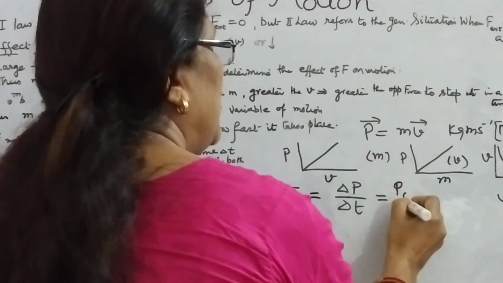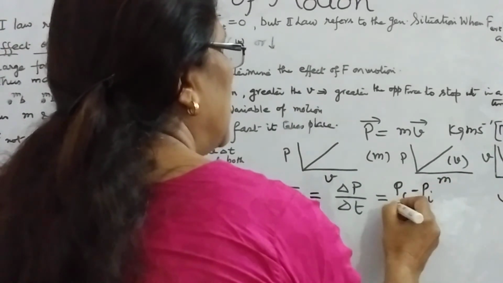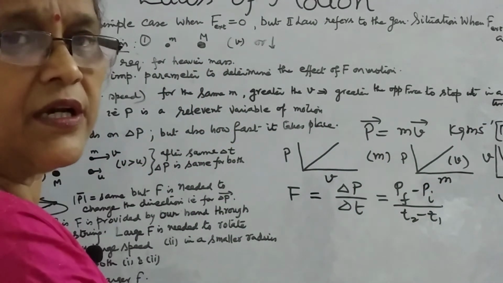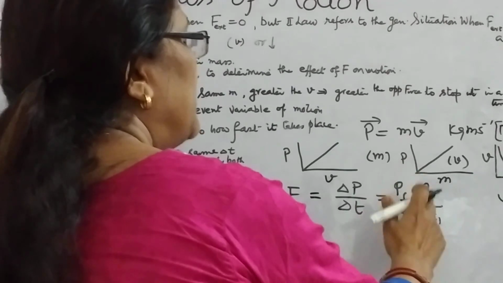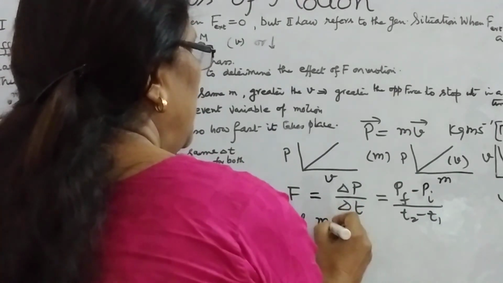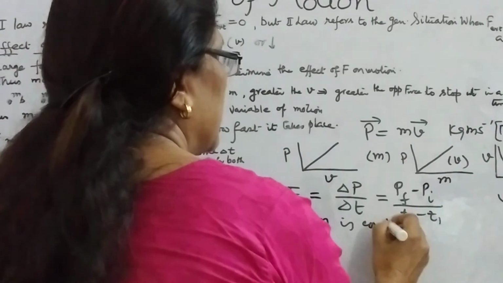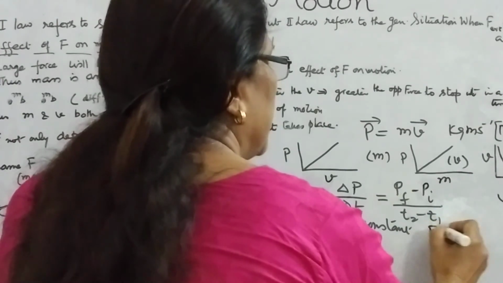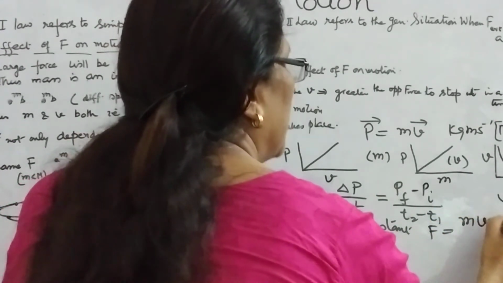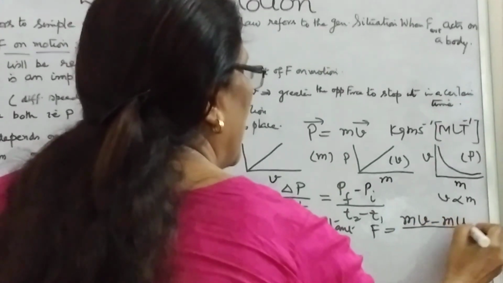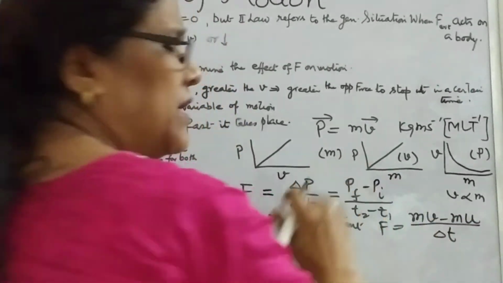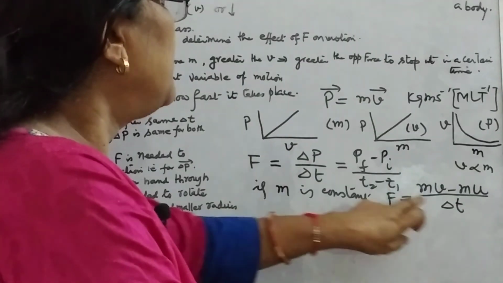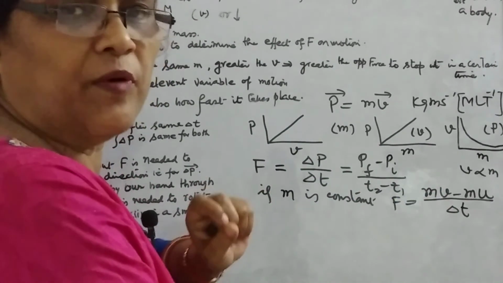You can write P final minus P initial upon this time interval, T2 minus T1 or simply delta T. If the mass m is constant for an object, then F can be written as mv minus mu upon delta T. At T1 the initial velocity is u, and at T2 the velocity is v, so you have written the final momentum.